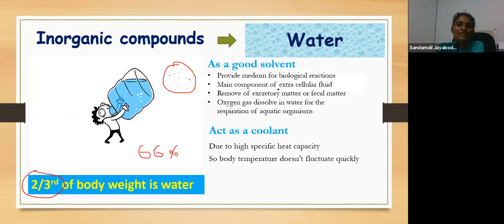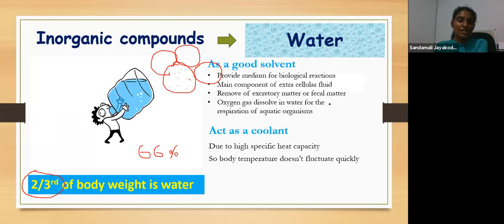And it is the main component of extracellular fluid. මේ cells අතර තියෙන extracellular fluid එක, the area between the cells, is made up of water. The main component of this is water. And it removes excretory matter and fecal matter.